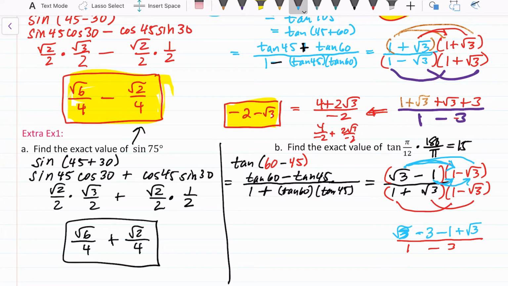And you should find that your two numeric values are the same sign and your two radical values are also the same sign. If they are not, then something's wrong. Okay? So when you multiply at the top, the two radical values, these two, should be the same sign, which gives you 2 radical 3. And the two numeric values should be the same sign, which is negative 4 in this case.